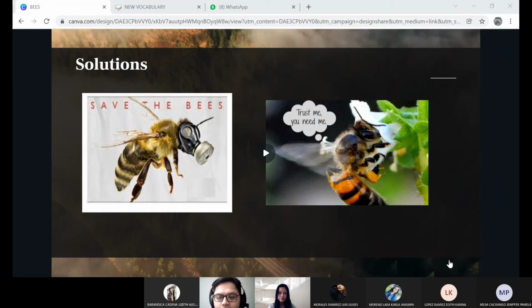To save the bees, I consider that we have to plant a lot of flowers of any kind of crops to keep the bees alive. Also, we have to buy organic food, because if we promote people to plant a lot of crops, it's important also for bees, since they can grow up and develop a lot of colonies.